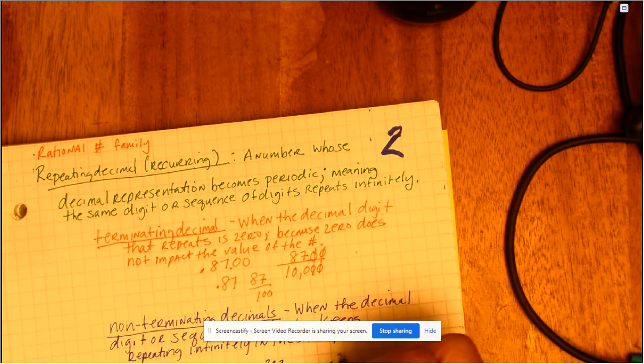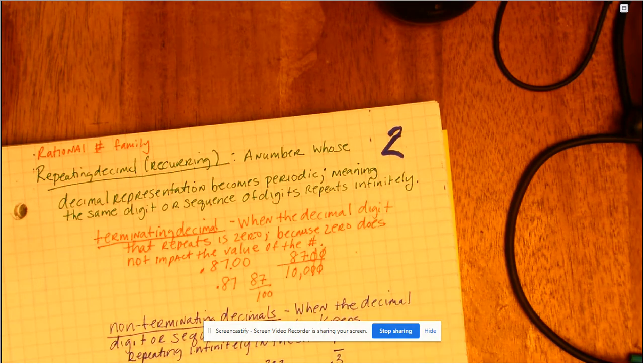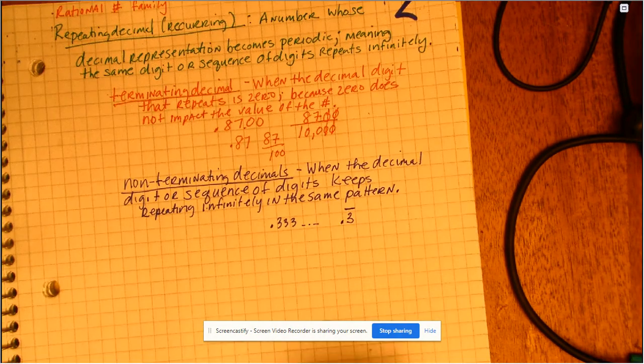We just mark that as 0.3, and then we use something called a bar notation.